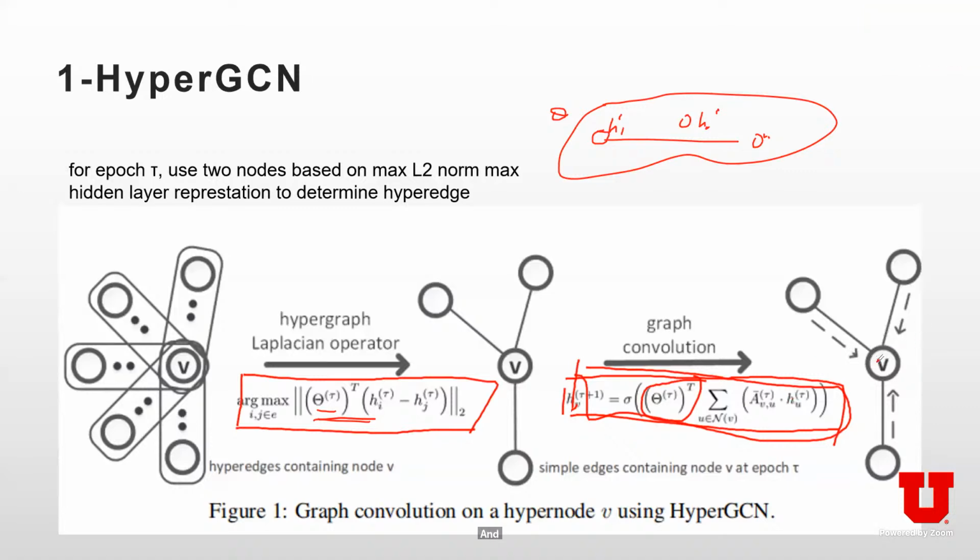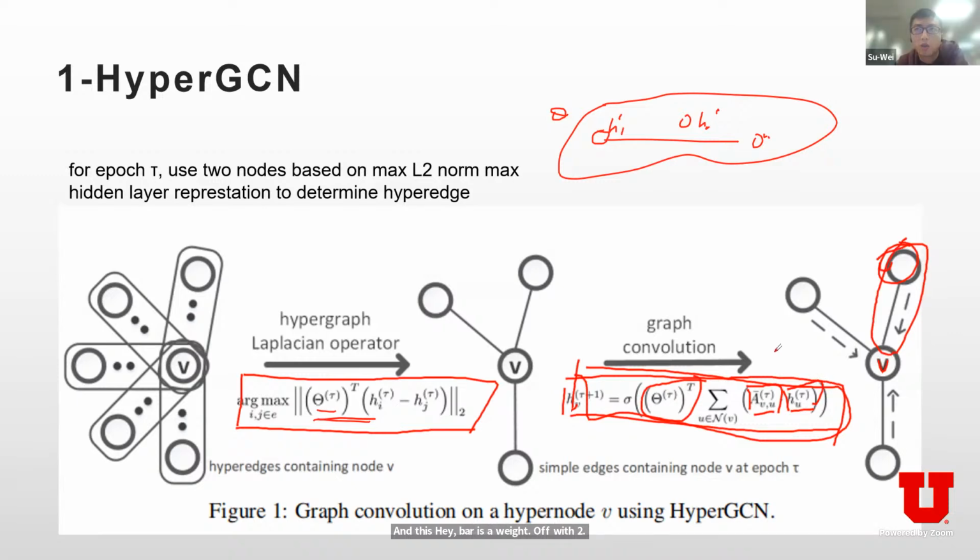For example, this is v and this is u, and this one is the information for u. And this A bar is the weight of these two. I think A bar is the edge in the graph, and the edge is for every node.